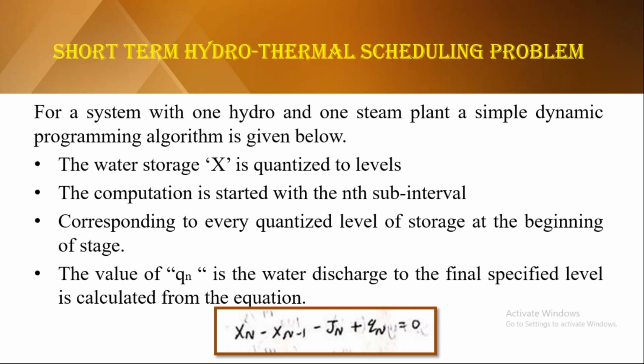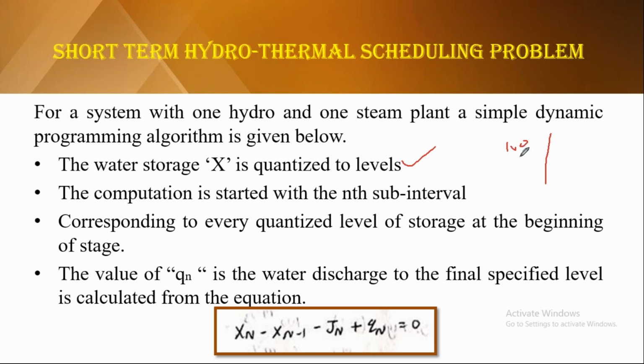Now we have different steps involved while scheduling short-term hydrothermal scheduling. Let me see them one by one. First, the water storage X is quantized into levels. Suppose the dam has a capacity of 1000 cubic meters. We have to bring this 1000 into a number of levels: low head level, medium level, overhead level.